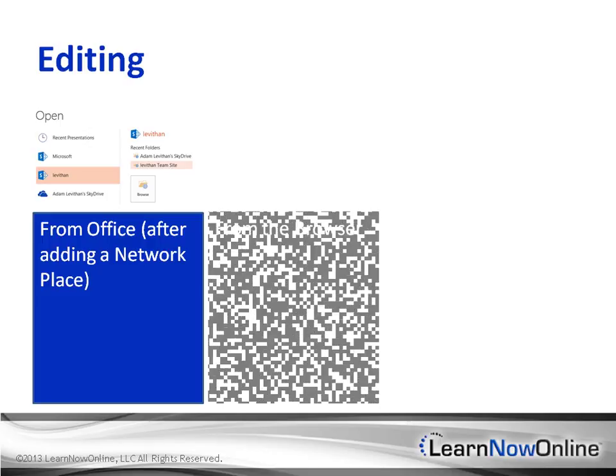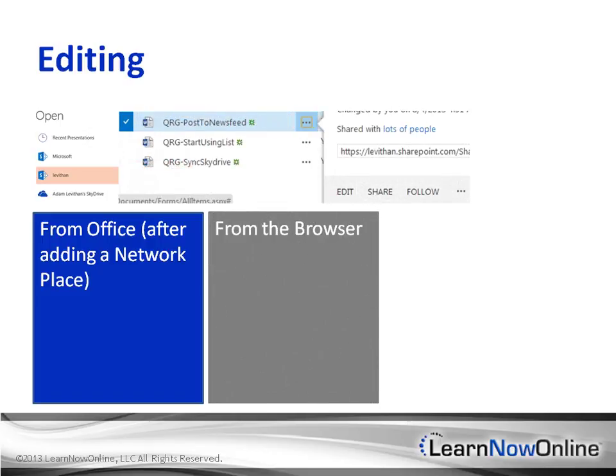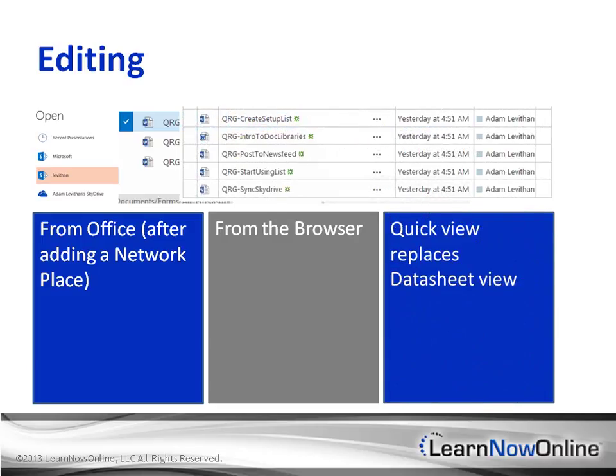Also, we can now edit directly from the browser. The experience is a little bit different from SharePoint 2010, but it's the same features. However, something that we have brand new in SharePoint 2013 is the Quick View. Remember, in the previous slide we mentioned that there's only one thing different between Internet Explorer and other browsers, and this is the reason why.